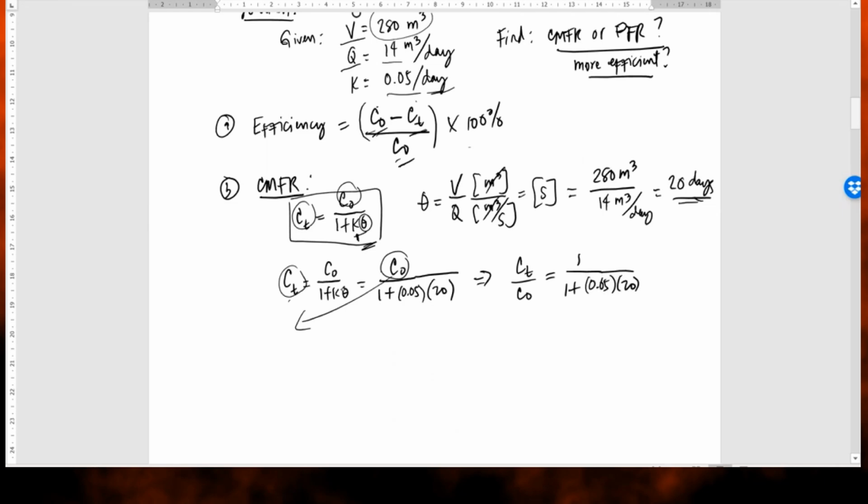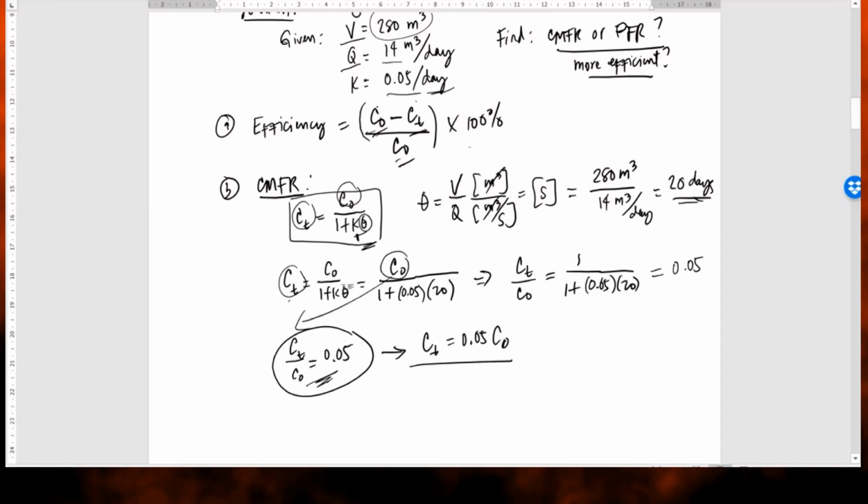Once we calculate this, it becomes 0.5. So C sub T over C naught is equal to 0.5. From this equation, C sub T is equal to 0.5 C naught. That's the meaning, it's the same.